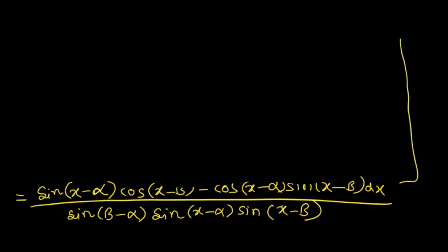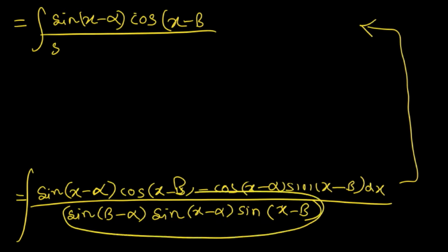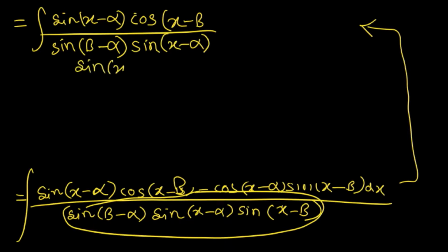So I am solving this upper part. If we break the term like this, that is sine(x − alpha) cos(x − beta) by this term in the denominator, we can write this individually for each term: sine(beta − alpha) sine(x − alpha) and sine(x − beta).